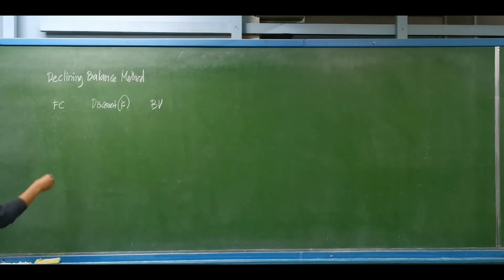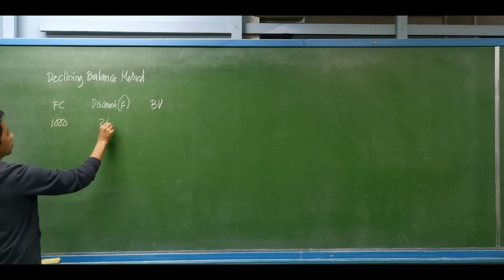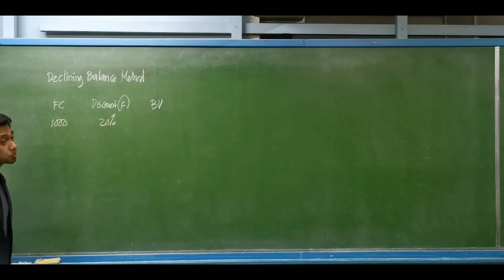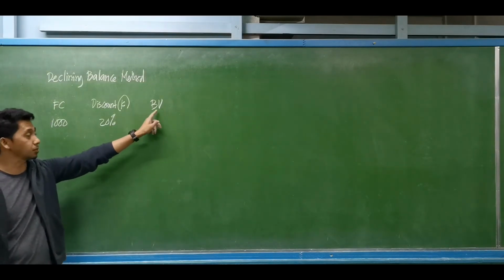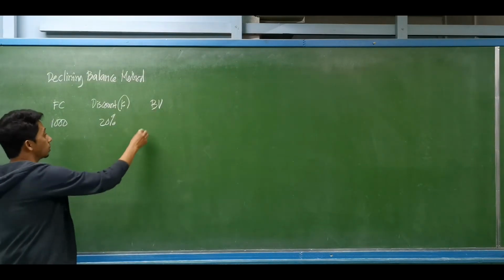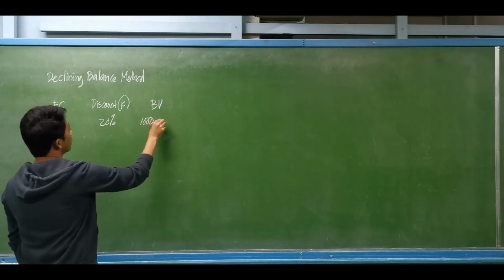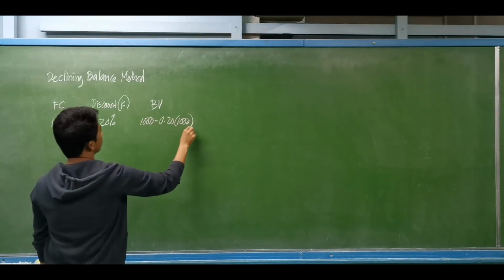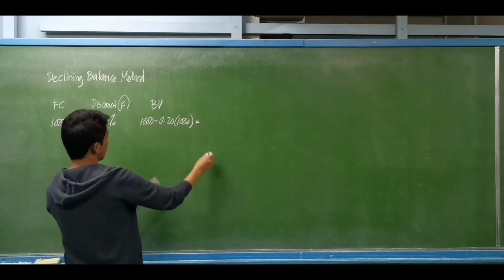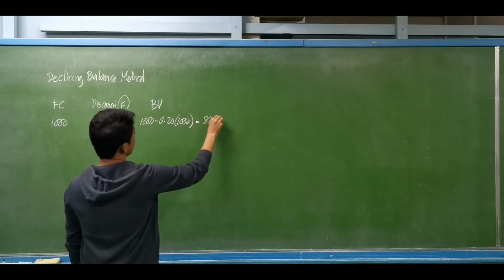For example, we have a first cost of 1,000. Let's say your constant discount is 20%. What will be your new selling price? Your new selling price is the same as your book value. So it's the same as 1,000 minus 0.20 of 1,000, that is minus 200. You have 800.